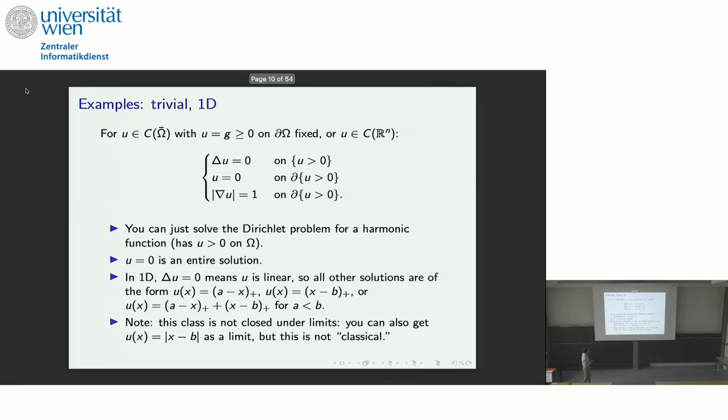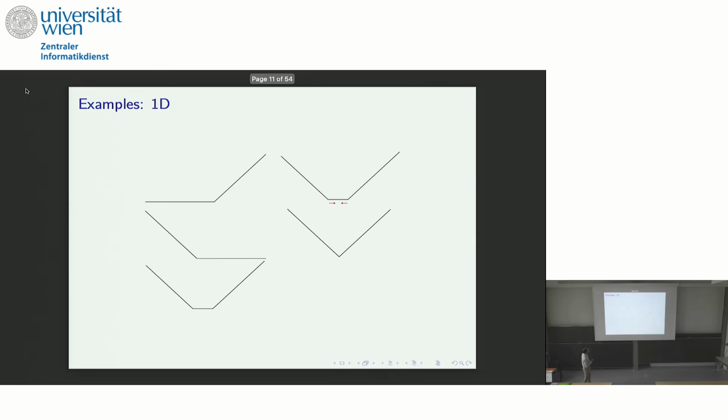Here I also have a picture. These three over here are classical 1D solutions, right? The 1D solution will have u being linear when it's positive, and if it touches the zero set, it has to do so at slope 1. So these are the only possibilities.